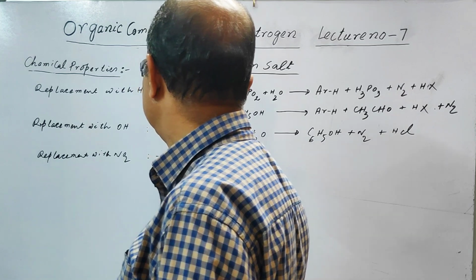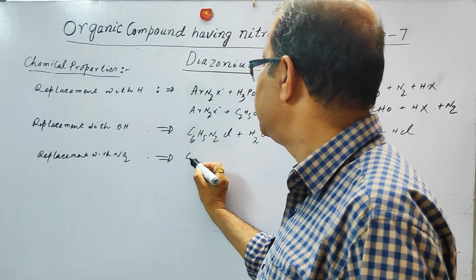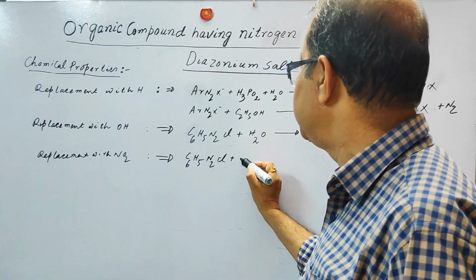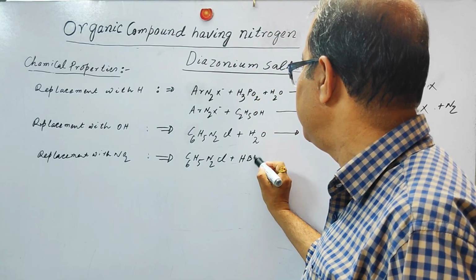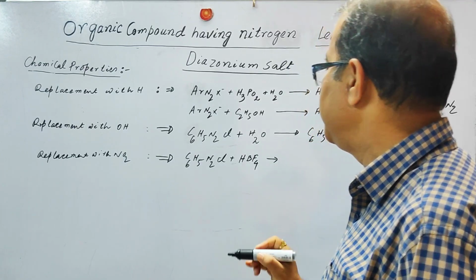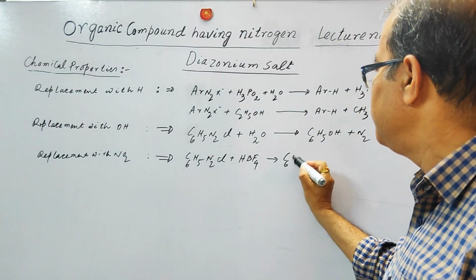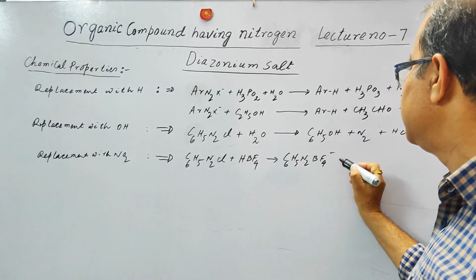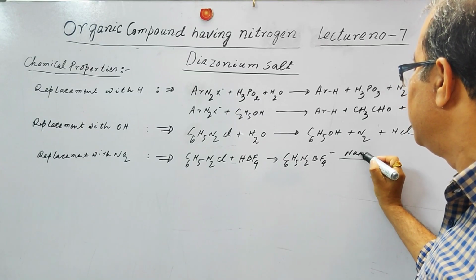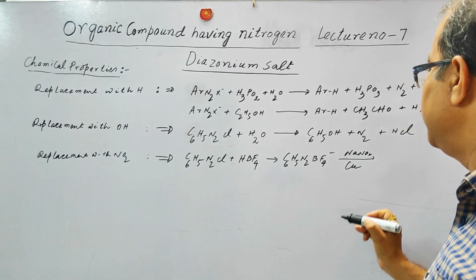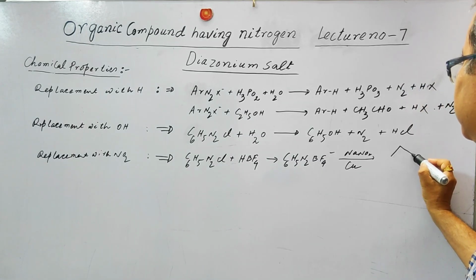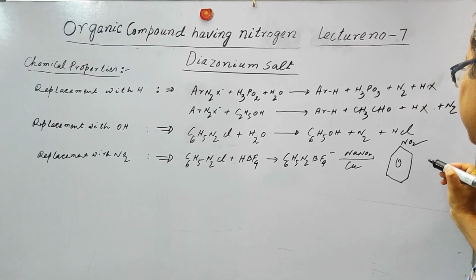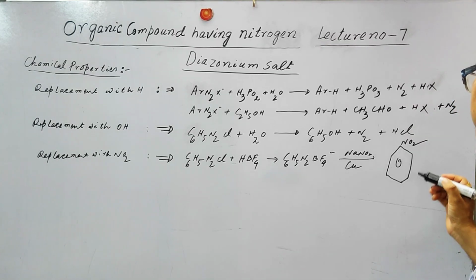In this case, first the diazonium salt is reacted with HBF4 to produce C6H5N2+BF4⁻, and then with a solution of NaNO2 in the presence of copper, it is going to produce nitrobenzene.